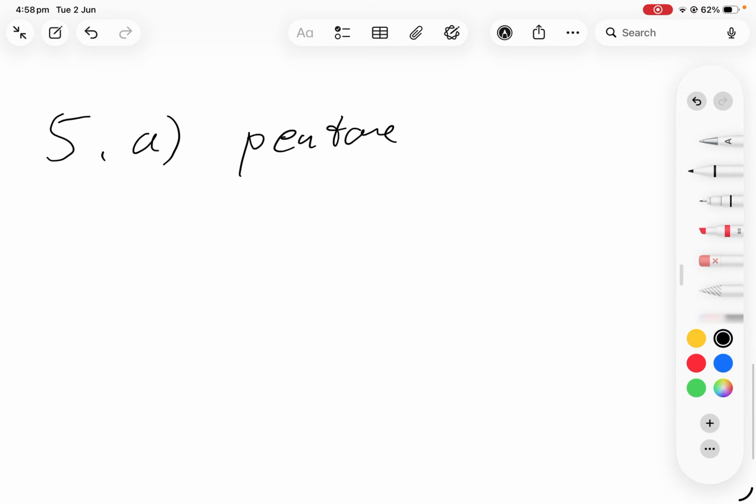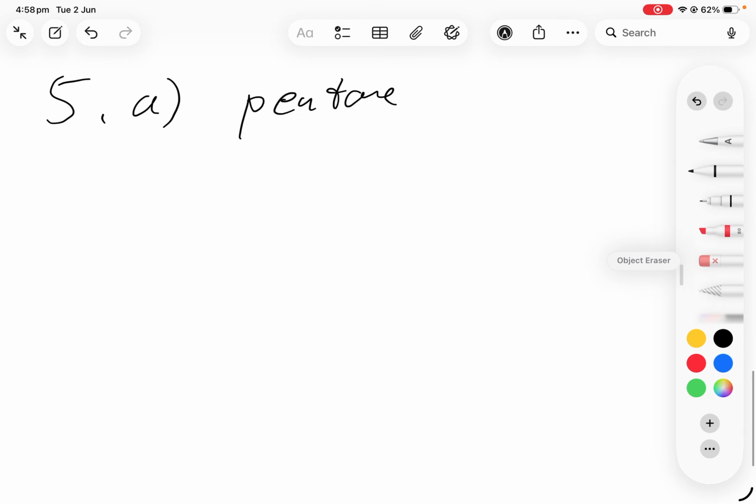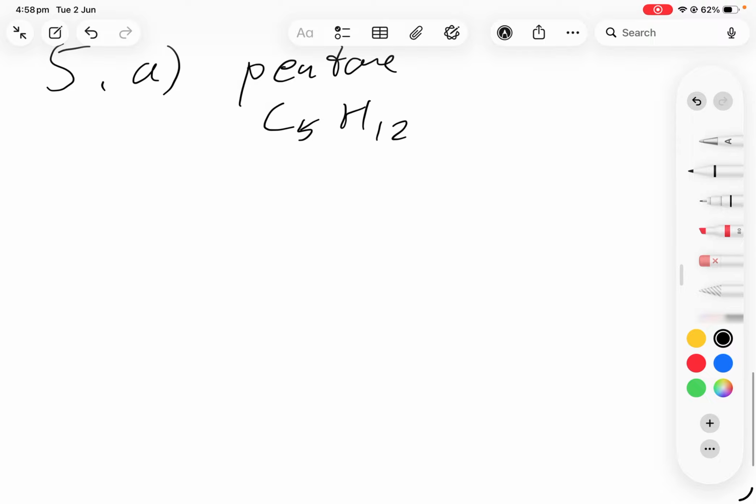Structural isomers have the same formula but different structures. So pentane is just 1 2 3 4 5, C5H12. So then all isomers, that's a lot. Okay, so first we'll do the normal one.